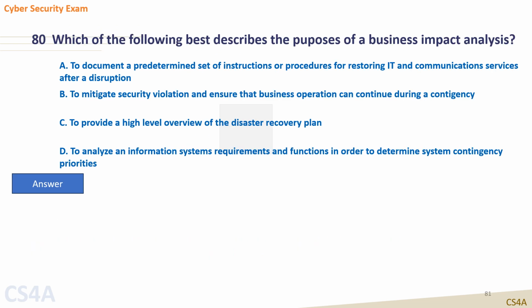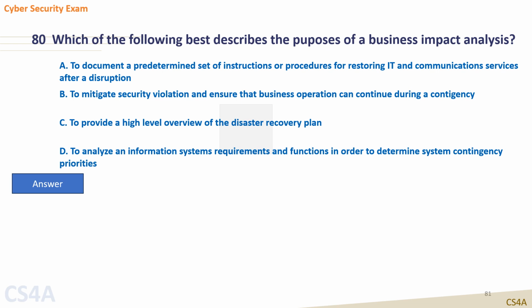Here the question is: which of the following best describes the purpose of business impact analysis? The first option is a predefined set of instructions or procedures for restoring IT and communication services after disruption. That is a DR plan. The next, to mitigate security violations and ensure business operations can continue during contingency, is not it. To provide a high level overview of the disaster recovery plan does not best describe it either.